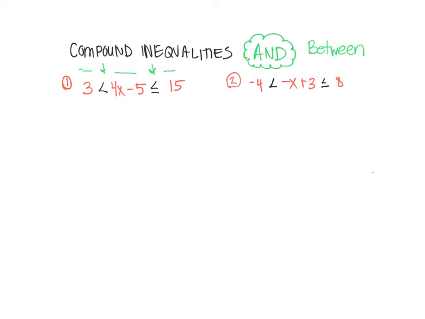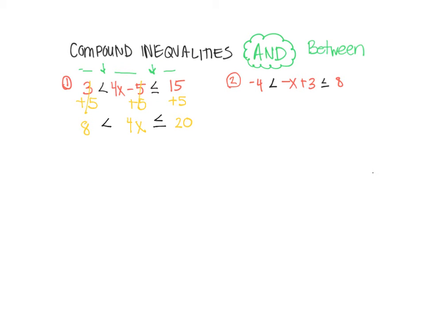You can see that there's really just 2 steps to this. Our first step is to add 5. We've got to add 5 there, and add 5 to the 15, and add 5 to the 8. I'm going to keep these inequality symbols right where they are, the exact same symbols. Here I'm going to get an 8. Here, well, they cancel out, and we'll be left with 4 times x, and this will be 20.